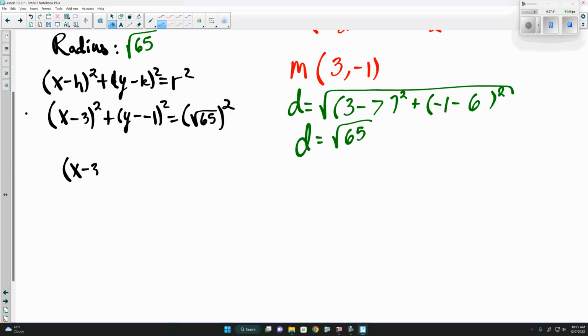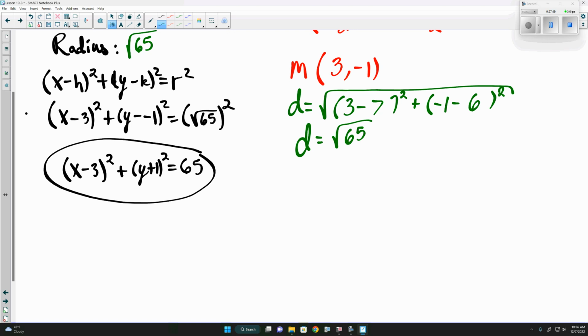And once we simplify it, it's just going to be x minus 3 squared plus y plus 1 squared is equal to 65. That's it.